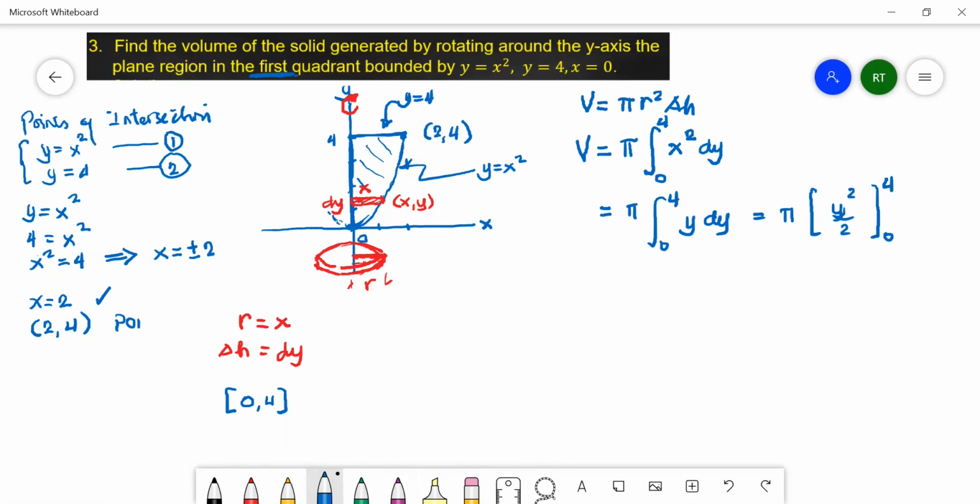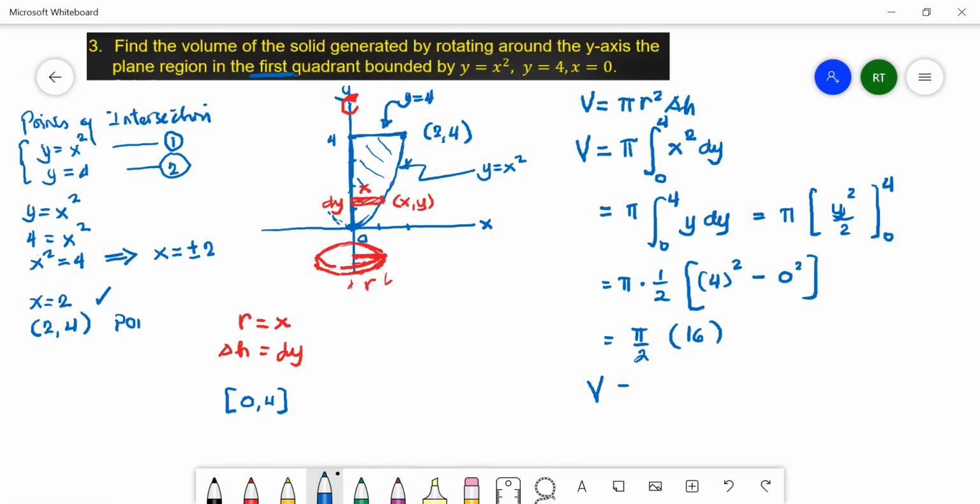To make it simpler, we can just factor out 1/2. So pi times 1/2 times y squared at the upper limit 4, which is 4 raised to the second power, minus y squared at the lower limit 0, which gives us 0. Hence, the volume is equal to pi over 2 times 4 squared, which is 16.